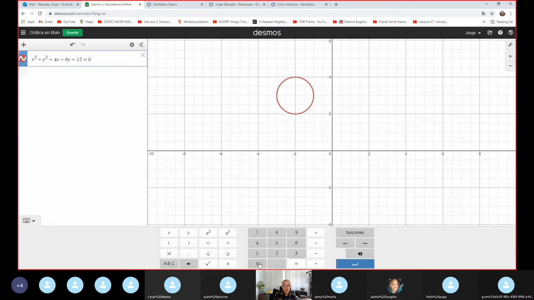Bam! I have a circle. Okay, I realize, so I discover that the center is located at the point (-2, 3). Bam! This is the center.